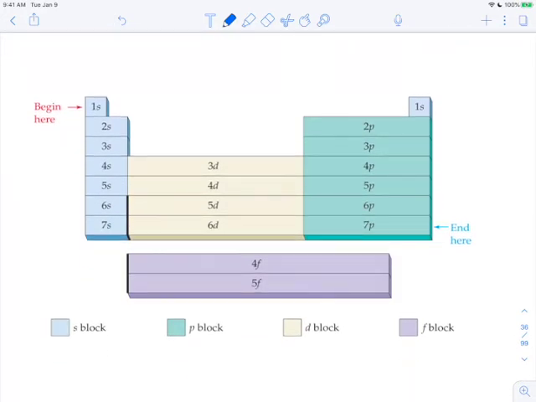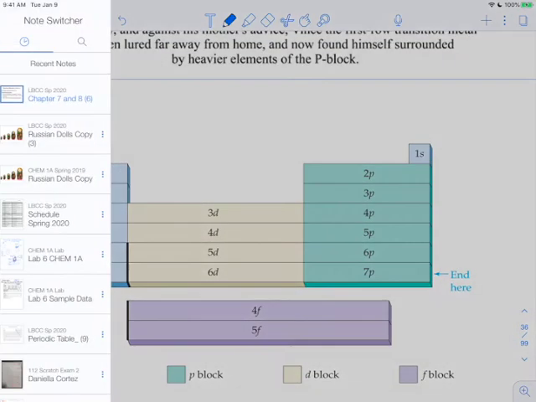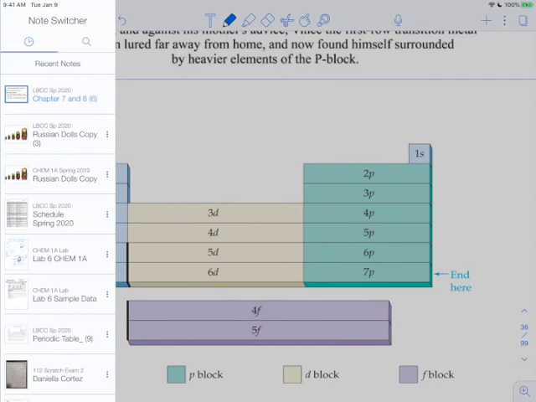All right, so now each of our blocks also has an energy level associated with it. And before we do this, let's go ahead and jump to our periodic table.